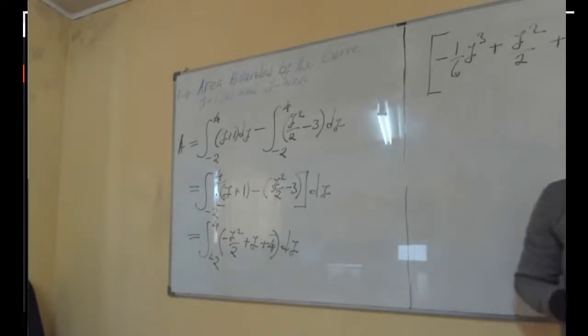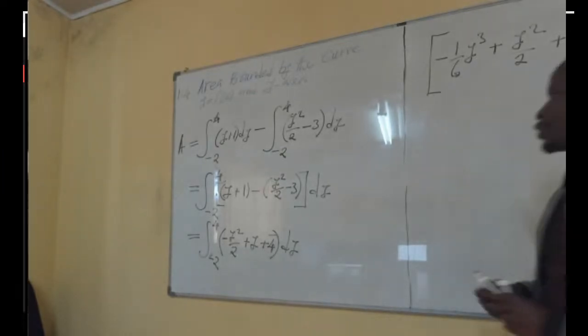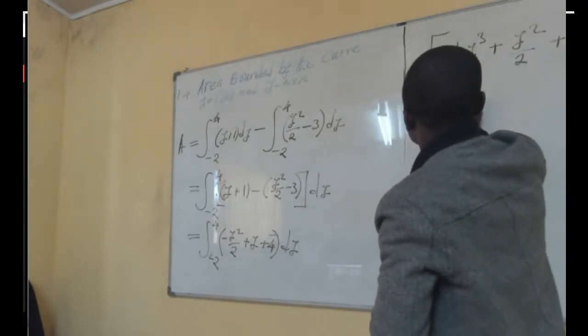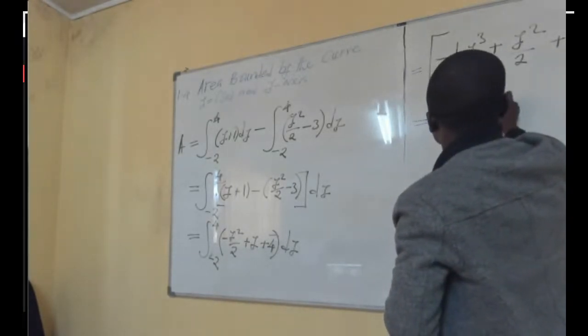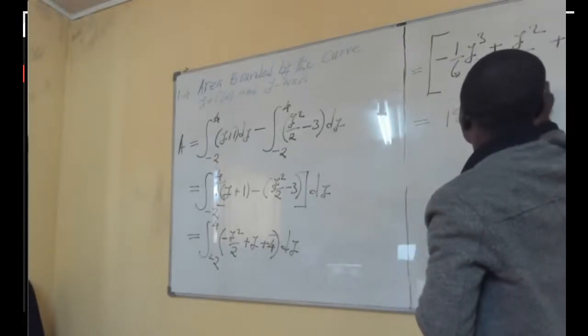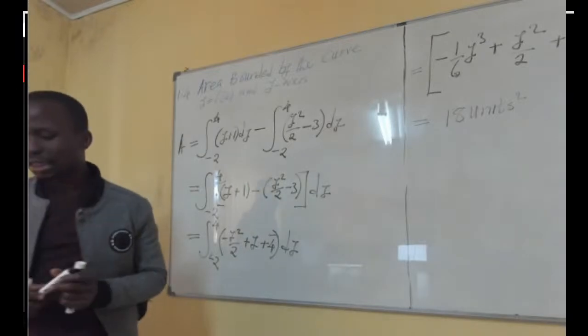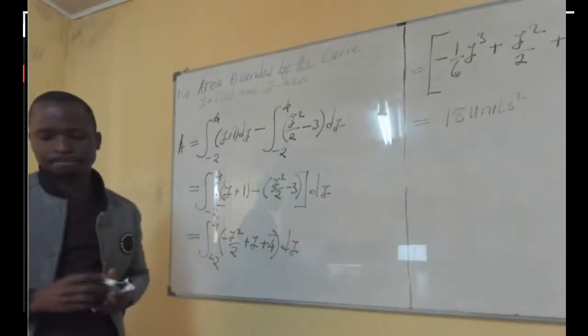When we apply the fundamental theorem of calculus, the whole of this is going to give us 18 units squared. So we are going to get 18 units squared.